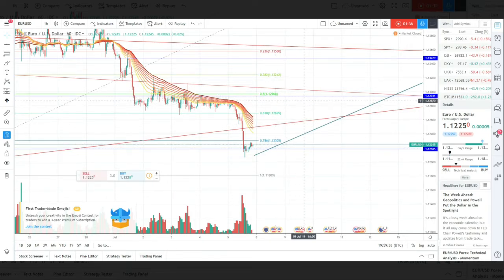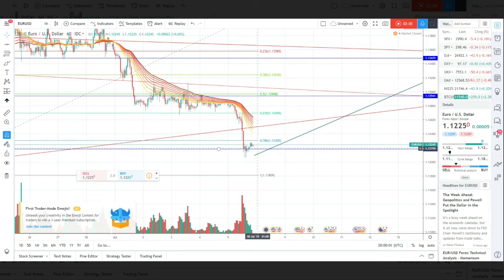If it breaks this resistance, we expect it to go to this. This is TP number 1 and this is TP number 2. Usually we buy from this point until this point, and when we see a break, we buy from this point until this point. So it's important to understand.